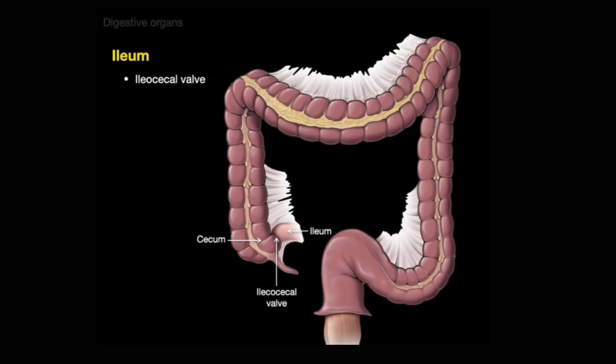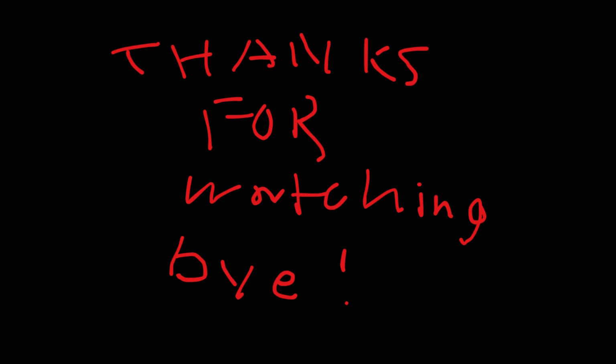The reason it's called a valve is that as chyme flows from the ileum into the cecum, it prevents backflow of chyme from the large intestine back to the small intestine. And that, my friends, is the end of the small intestine.